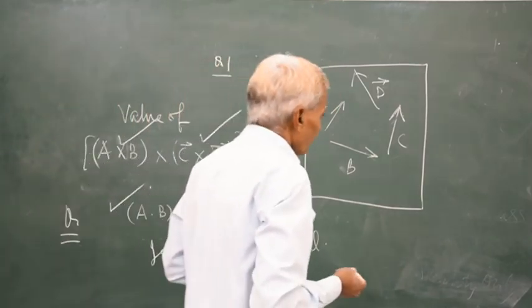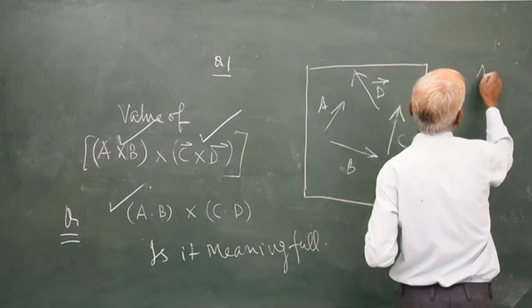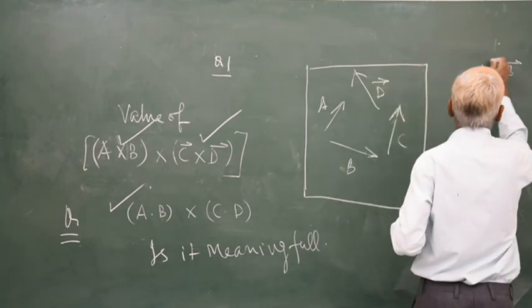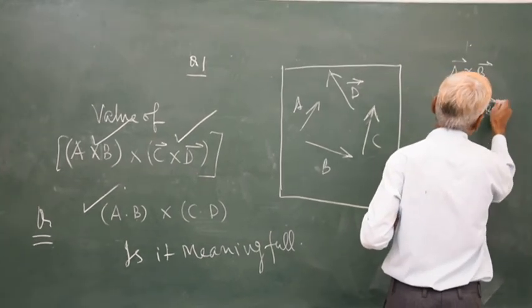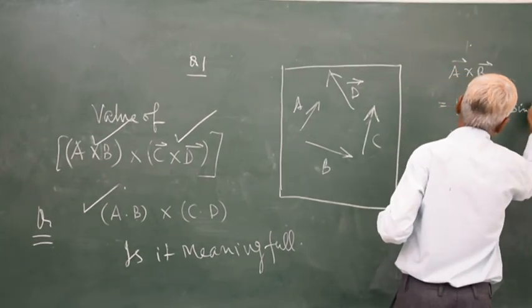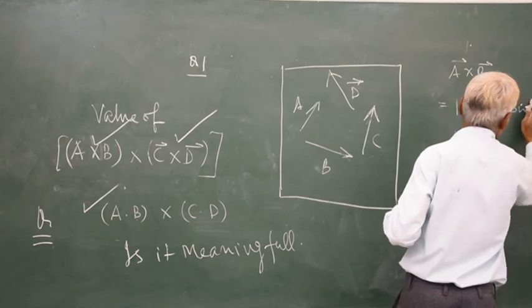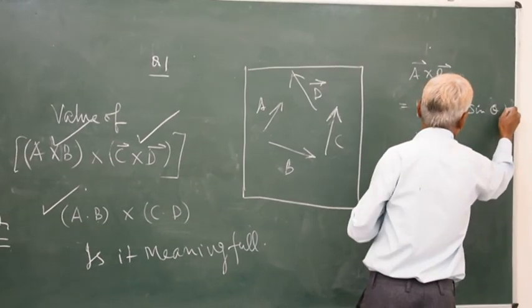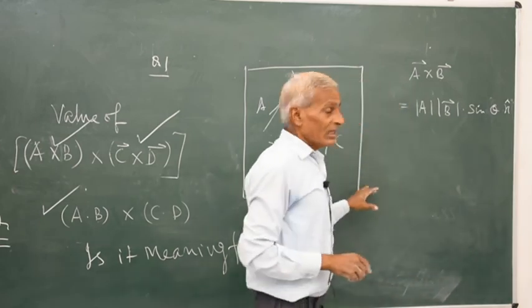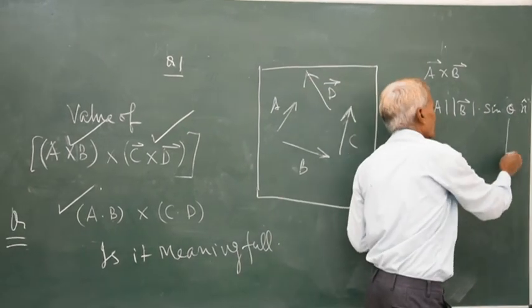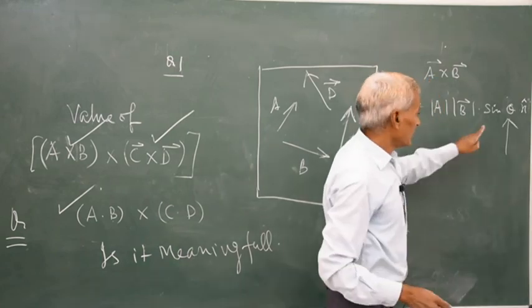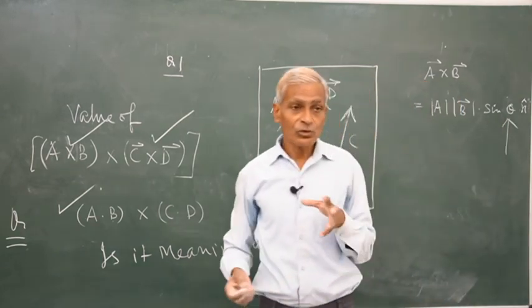But another definition of cross product must be known to you. A cross B is mod A, mod B, sin theta and a unit vector. In cross product, the angle between them is required. Trigonometry is also known to you.